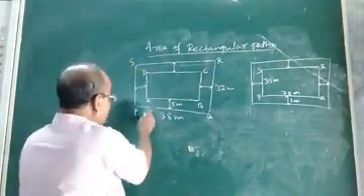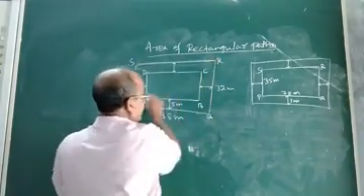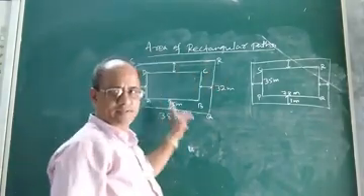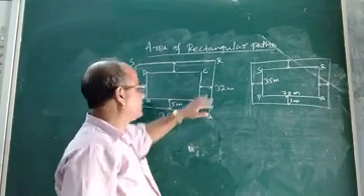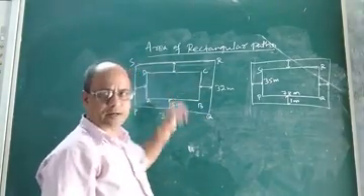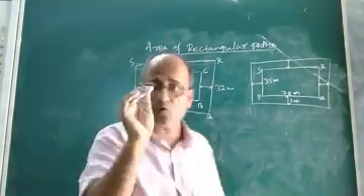Suppose PQRS is a rectangular park. PQRS in this figure is a rectangular park. Now look at inside this rectangular park. Inside, you must have seen roads.